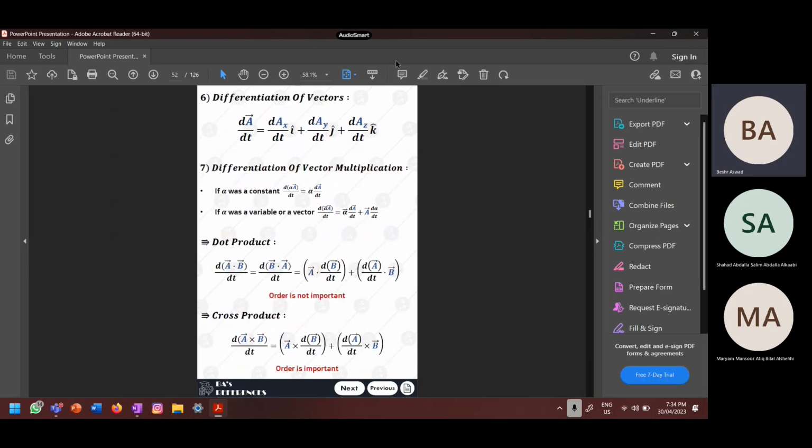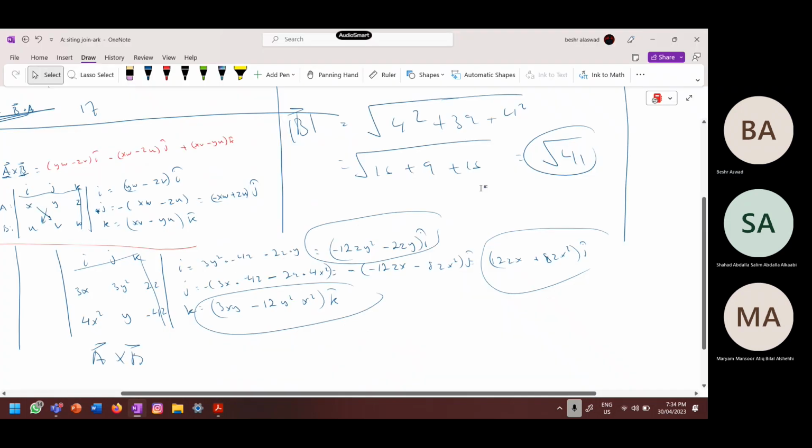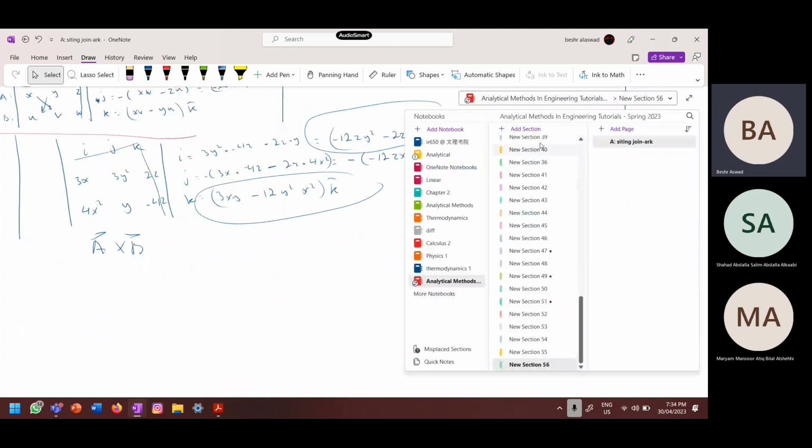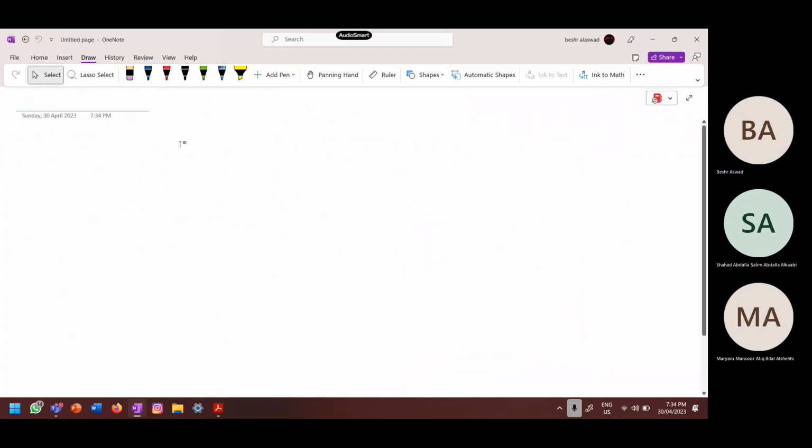The differentiation of vectors: how to differentiate a vector. That's actually really easy. Remember when I told you that a vector or a scalar doesn't have to only have constants in it. It can also have functions, like I gave you earlier.